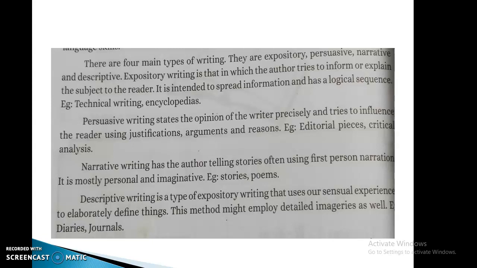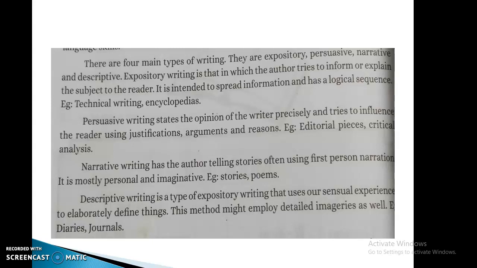Next is persuasive writing. Persuasive writing states the opinion of the writer precisely and tries to influence the reader using justifications, arguments, and reasons. In persuasive writing, the writer exactly states his or her opinion.